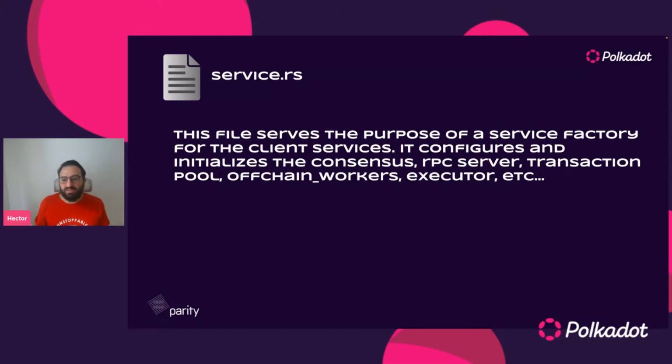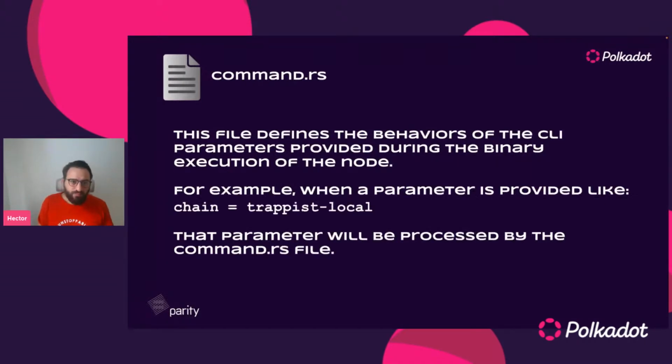It's configuring and initializing the consensus, the RPC server, the transaction pool, off-chain workers, and it is spawning all the threads, because the client works with multiple threads, and each worker thread launches each part of the components.